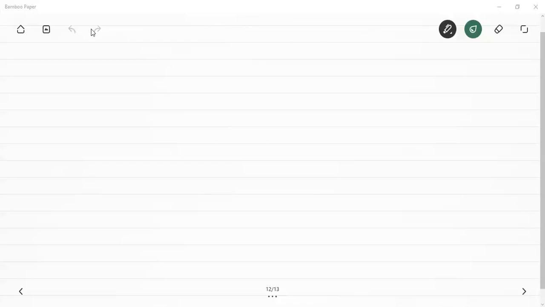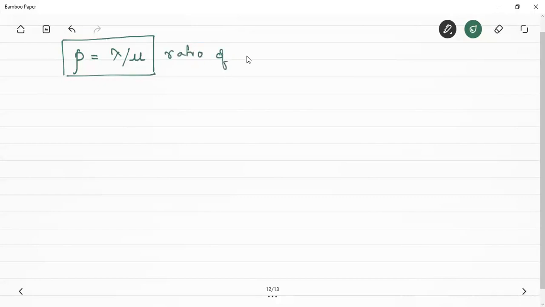Now there is a very important parameter, which is defined by rho. This rho gives us the ratio of the arrival rate and the service rate. Simply, it is a ratio of arrival rate to service rate.